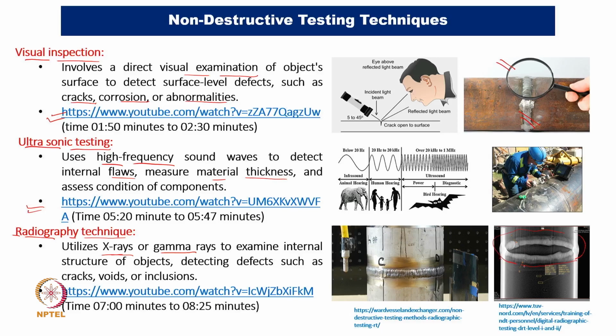We are able to look at a 3D image of the flaw inside the object. This is very good, but again, as I mentioned, it may be costlier and may not be easy to mount and immediately utilize for in situ purposes. So maybe it may not be suitable. It depends on what our requirement is and what the object is.